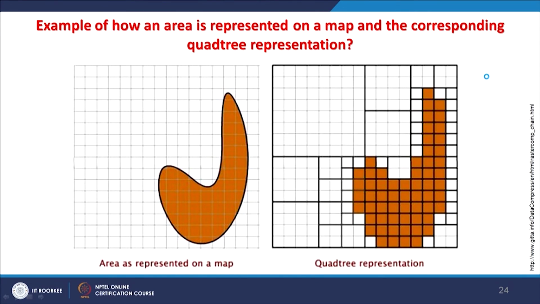If you are having a scenario something like this, in the left image what you are seeing, this orange area or brown area is having a very smooth boundary.